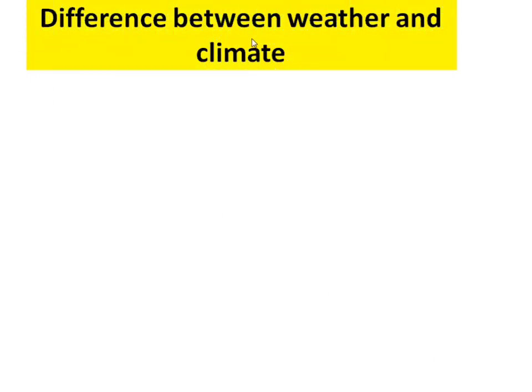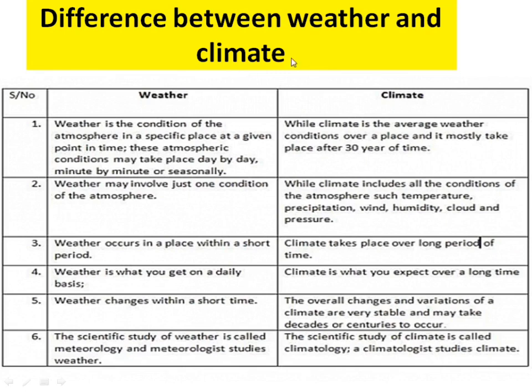Moving on to the topic, that is the difference between weather and climate. We have discussed weather and climate also. Weather is the condition of the atmosphere in a specific place at a given point in time. These atmospheric conditions may change day by day, minute by minute, or seasonally.